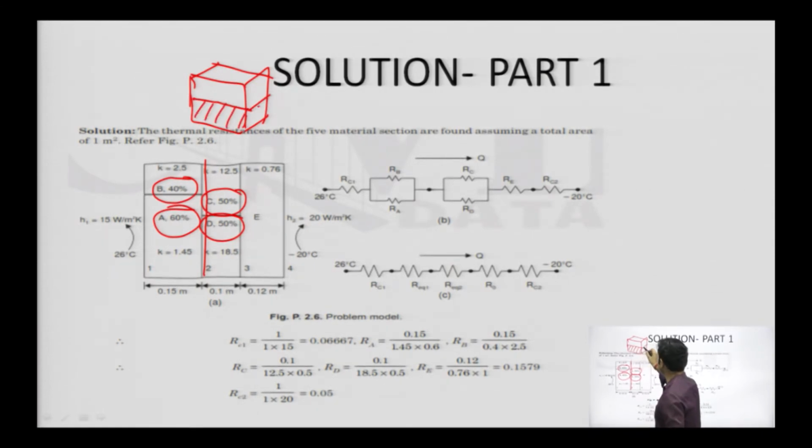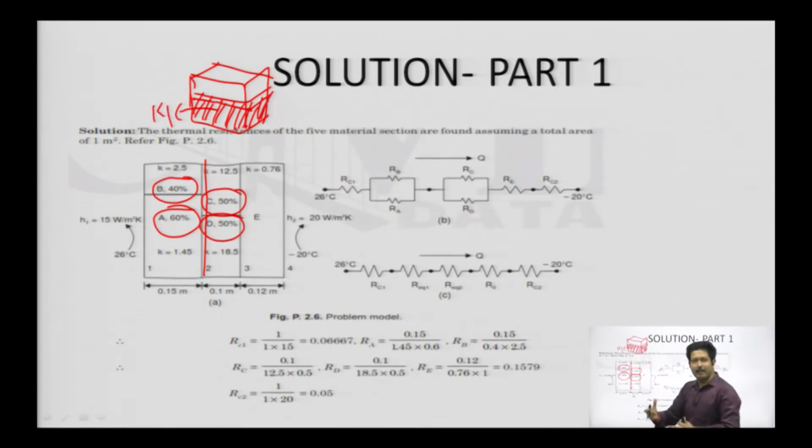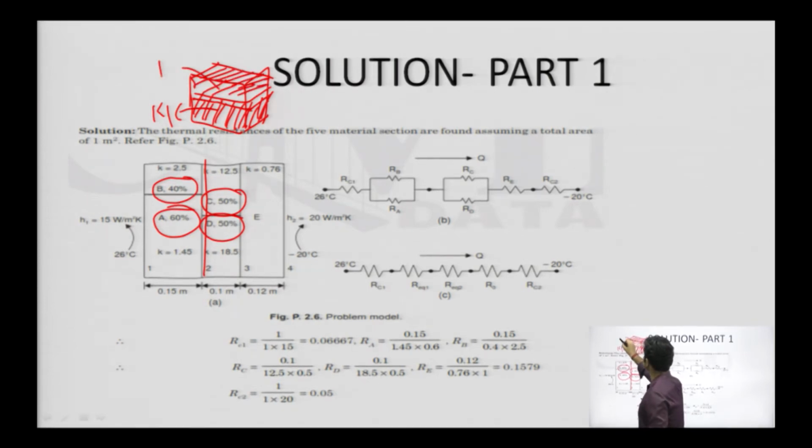So this is 60% of the area with thermal conductivity K1, and the remaining material has thermal conductivity K2, which occupies 40% of the area. So this is K2; this occupies 60% of area, this occupies 40% of area.